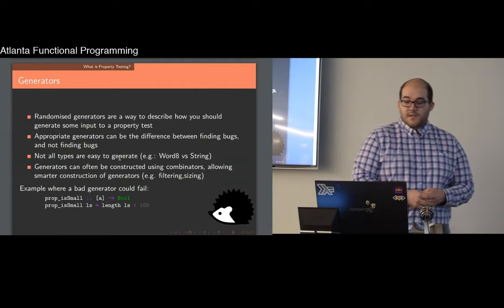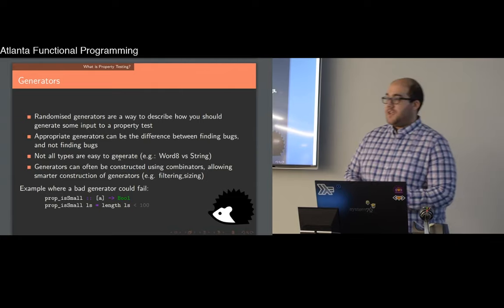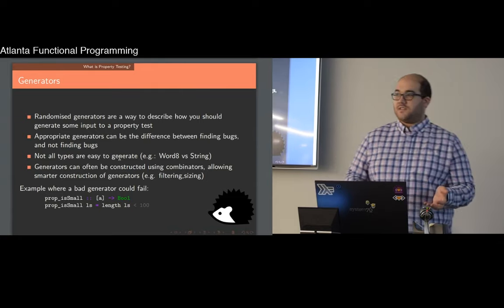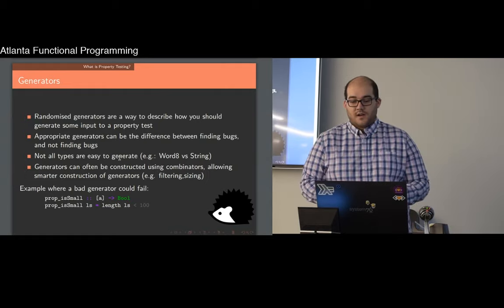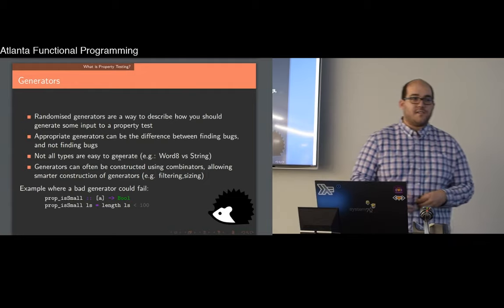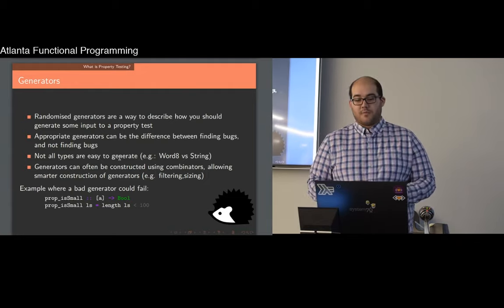And like I said, not all types are easy to generate. For example, an 8-bit machine word, you can enumerate that very easily. But a string, you cannot enumerate all inhabitants of the string type.